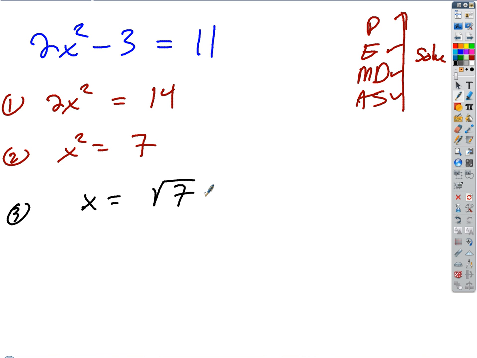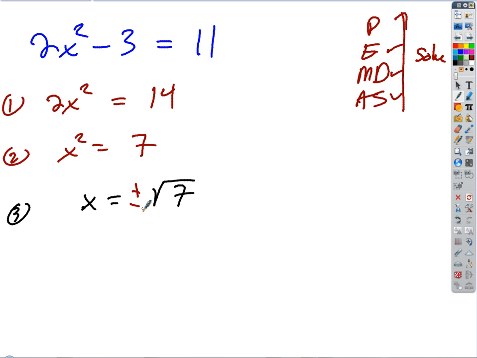Yes. So what's the trend? What's the rule? Okay, if we're taking an even root of both sides, we have to have a plus or minus. If we're taking an odd root, we don't, right? Does that make sense? So we would have to have a plus or minus there.